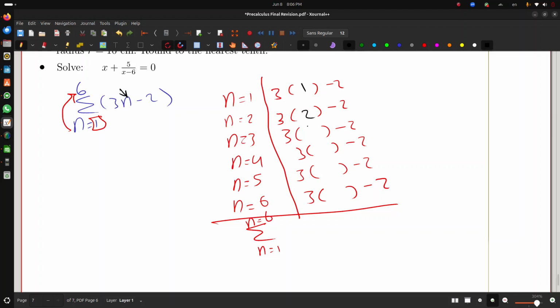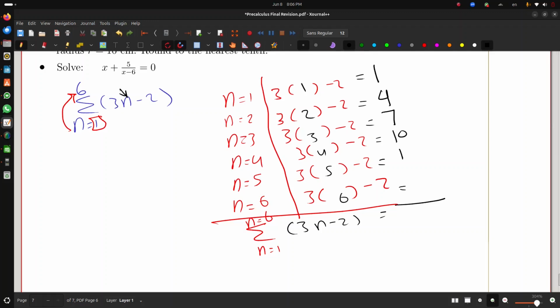So this is 1, 2, 3, 4, 5, 6, and let's get the answers. Okay, and this is 3n minus 2. The answer for this one, 3 minus 2 is 1, and this one is 4, this one is 7, this one is 10, this one is 13, this one is 16.